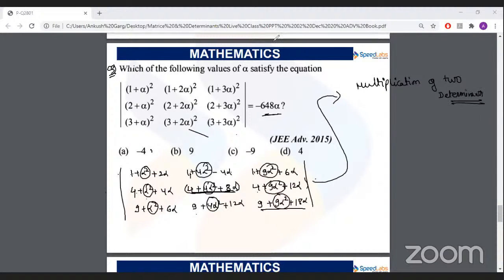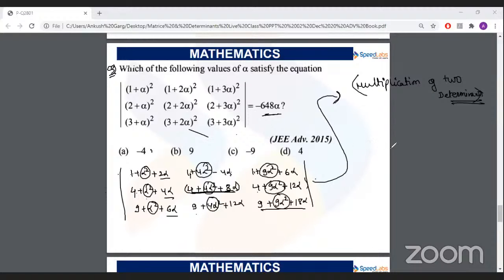So I told you, whenever you have this symmetric kind of expressions, यहाँ पर आपको दिख रहा है कि तीनों में 1 4 9 कॉमन है. This alpha square term is common in all the three. This 2 alpha, 4 alpha, 6 alpha, you can see these are proportional, so this term is also common in all the three. So whenever you have common elements in all the three rows or columns, you have to think about this multiplication of two determinants concept.